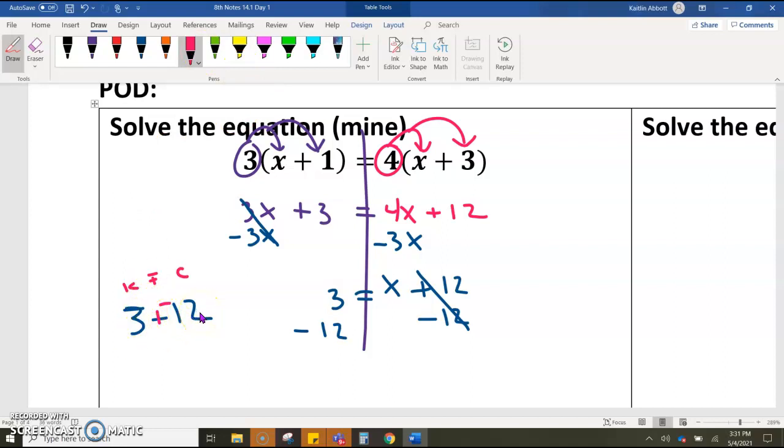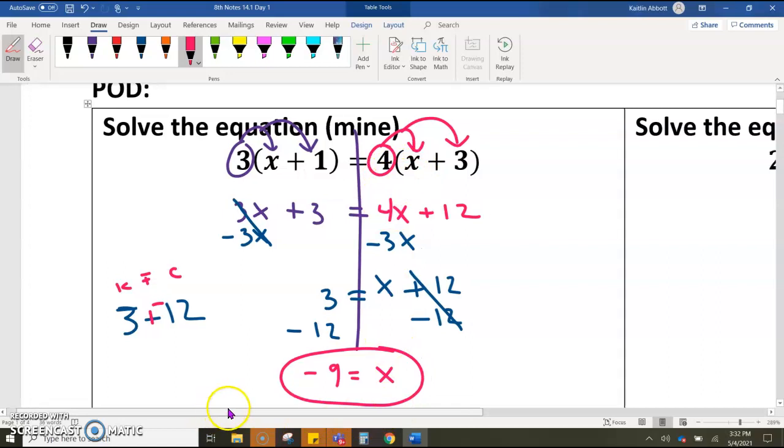Signs are different, so I can subtract them and then keep the sign of the larger number. So I'm going to do 12 minus 3. That's going to get me 9. And I'm going to keep the sign of the larger number, which is 12. So it's going to be negative 9 equals x. Final answer.